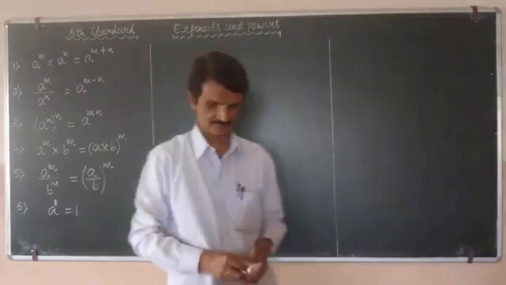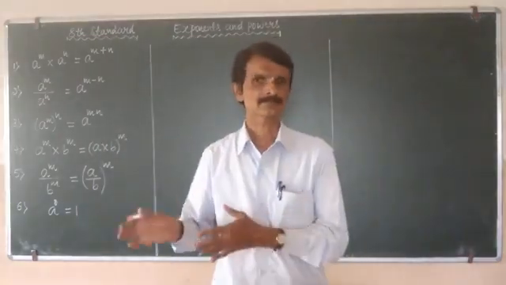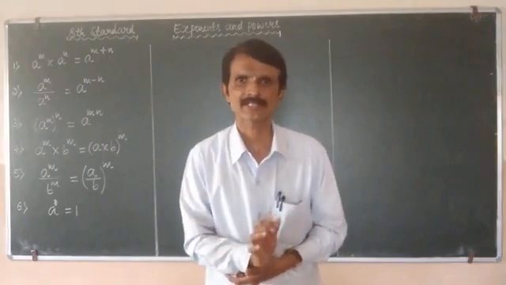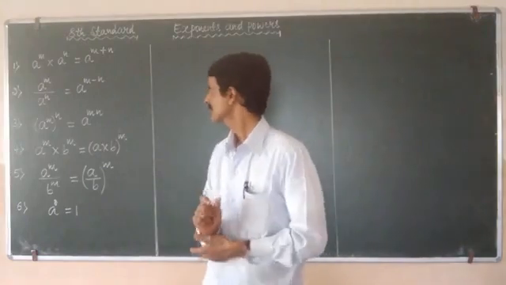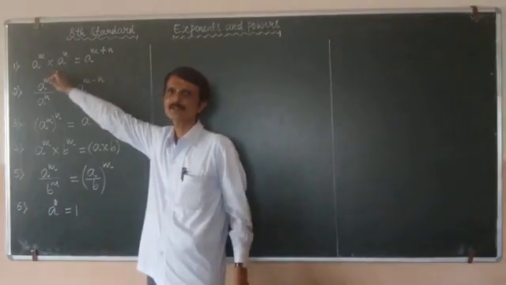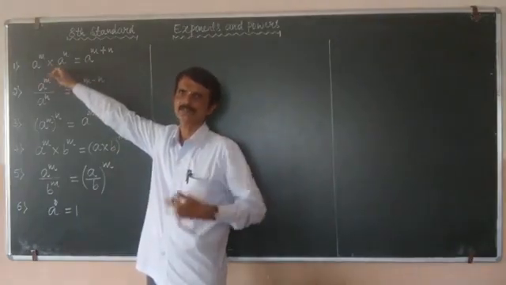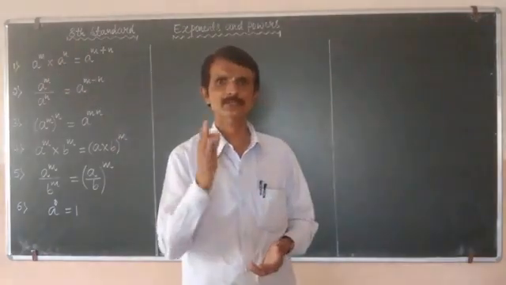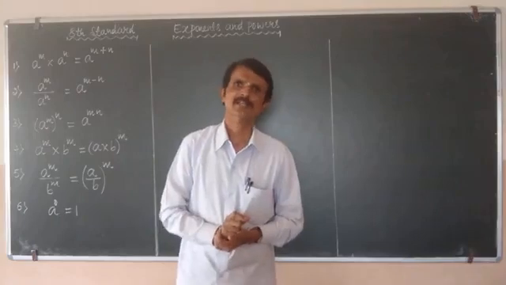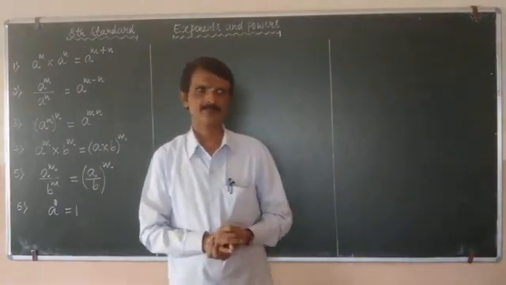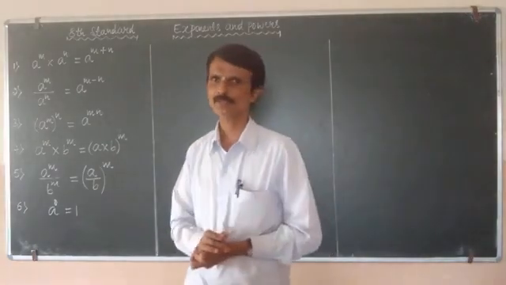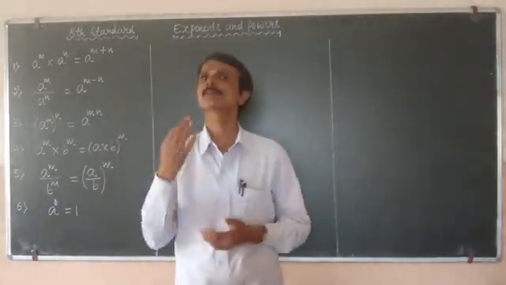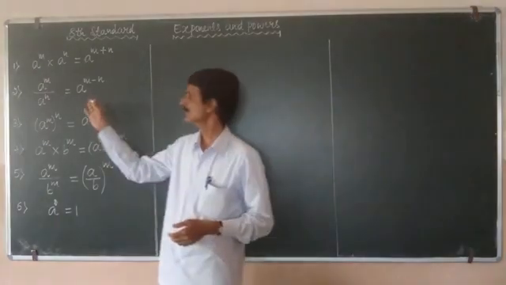So these are the formulas or laws of exponents we have seen in the previous class. Remember this: a to the power of m into a to the power of n is equal to a to the power of m plus n. The second one is a to the power of m by a to the power of n equals a to the power of m minus n. The third one is a to the power of m to the power of n is equal to a to the power of mn.